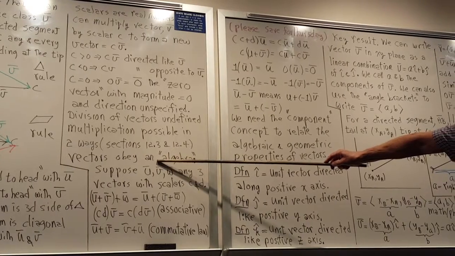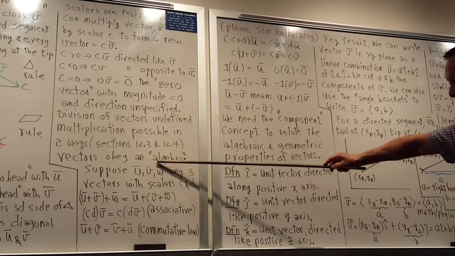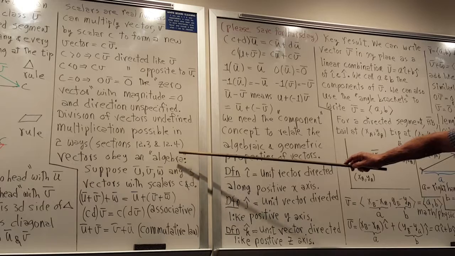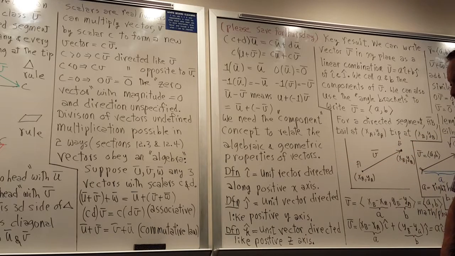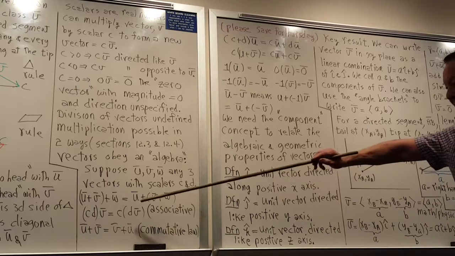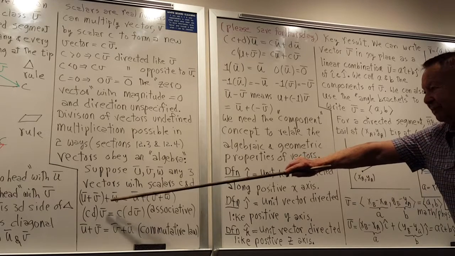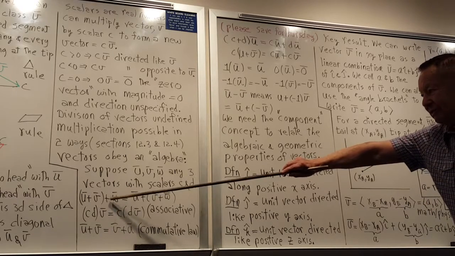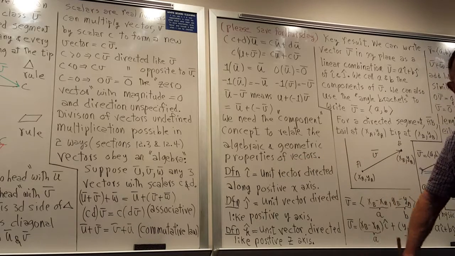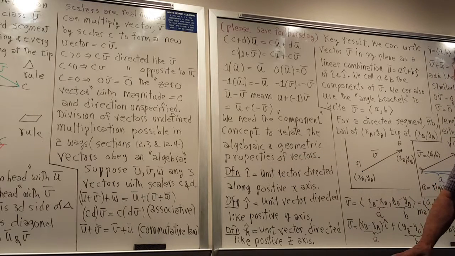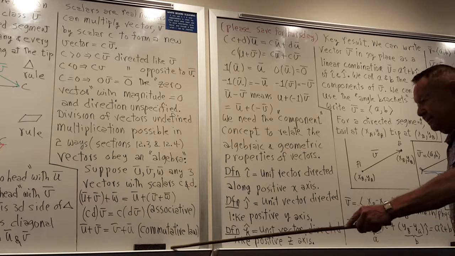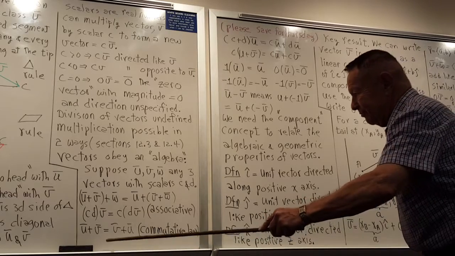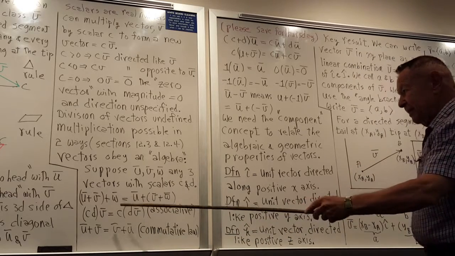Vectors obey an algebra. Actually, the word algebra, in quotes, is a technical term in mathematics in the sense that there have to be operations like plus and times that will obey a set of requirements or rules.